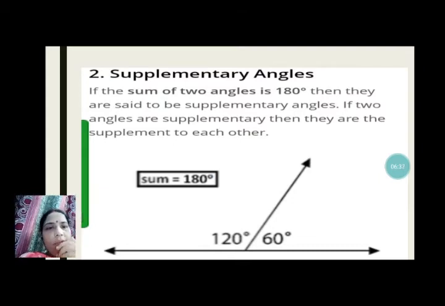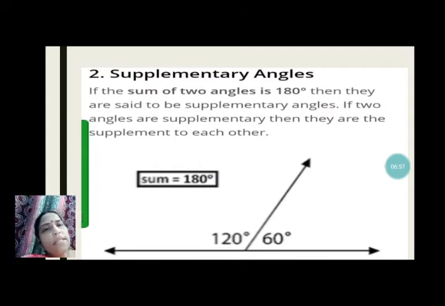Complementary angles we have read make 90 degrees, a right angle, and here they are making 180 degrees, that means a straight angle. So if the sum of the two angles is 180, then they are said to be supplementary.